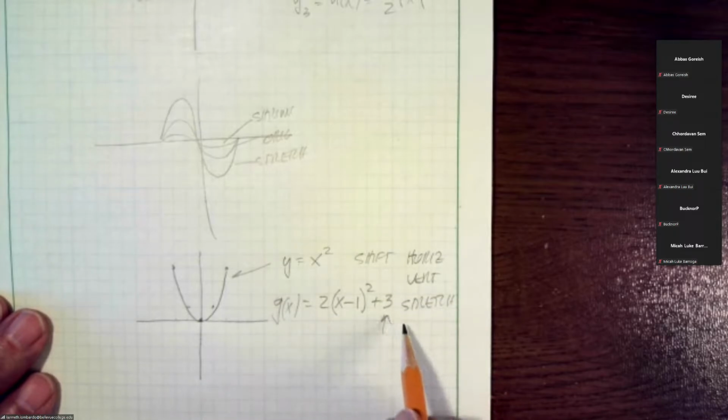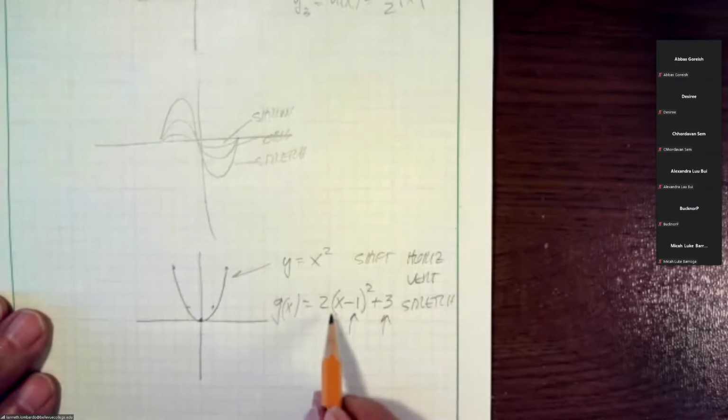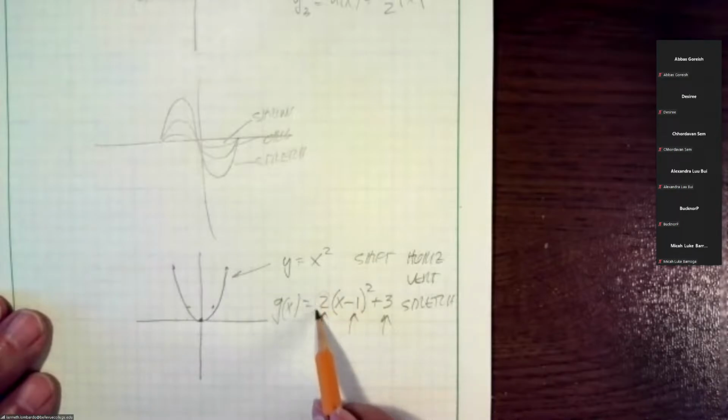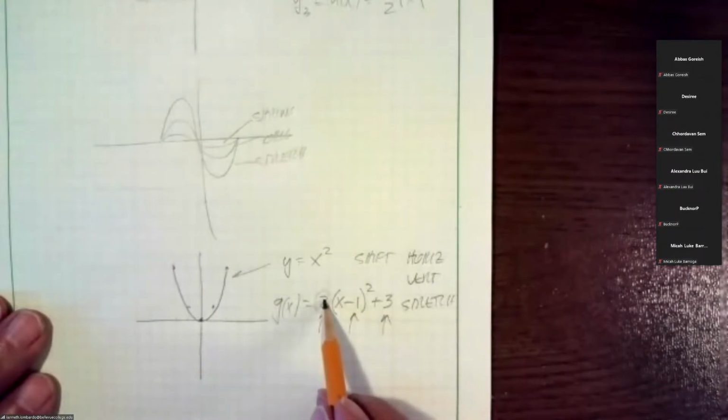So here's the vertical shift, here's the horizontal shift, and there is the stretch. This increases the value of what's in the parenthesis here.